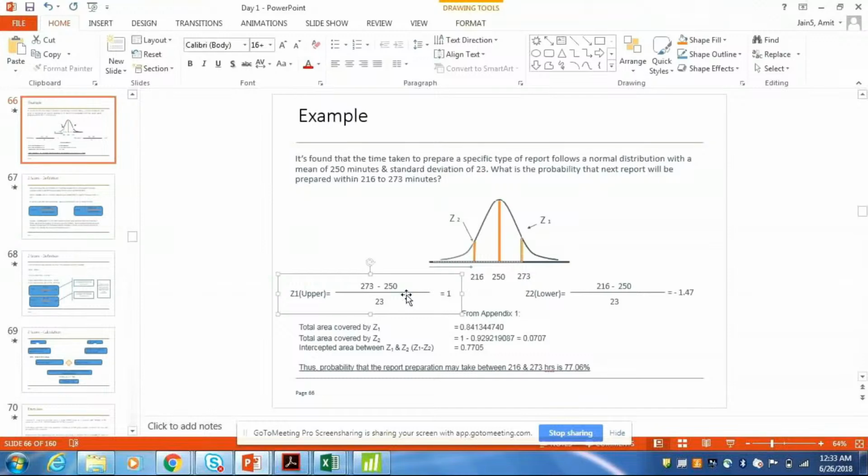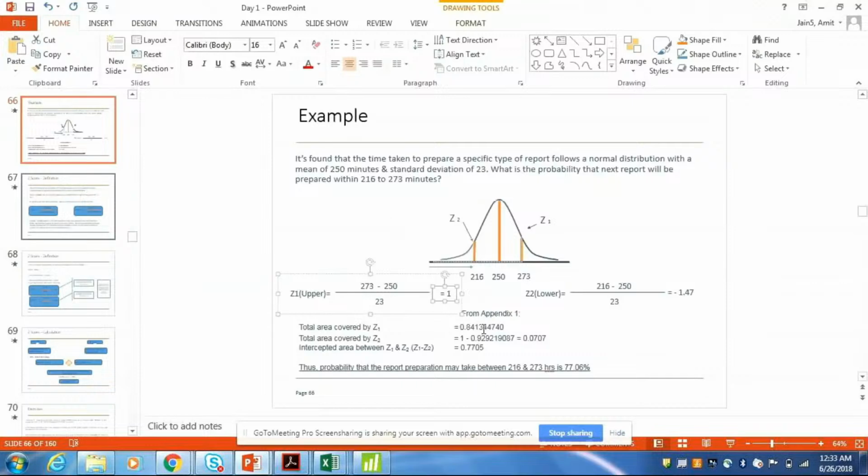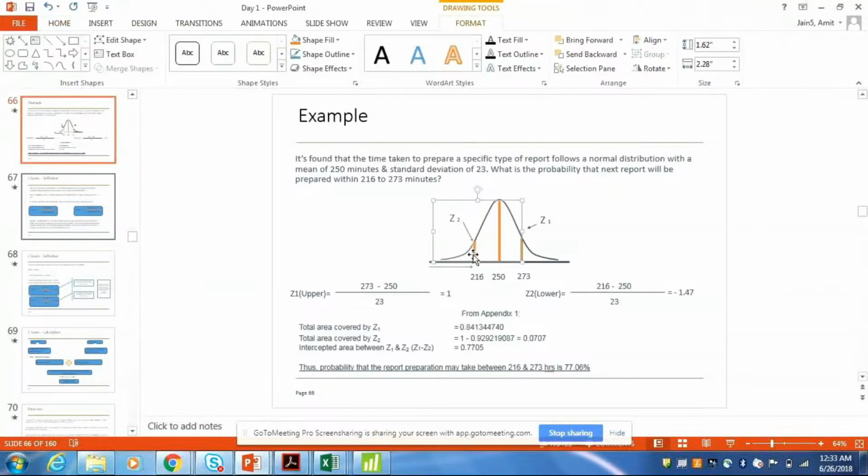Z upper, if I put the figures in the formula, is 273 minus 250 divided by 23, which is 1. Looking at the table, that is 0.841. Now the area covered by Z2, 1.47, is minus 1.47.